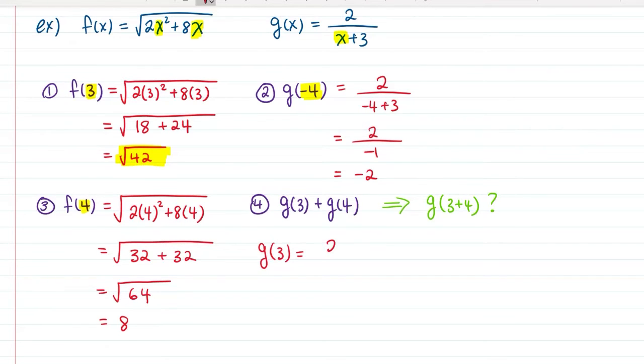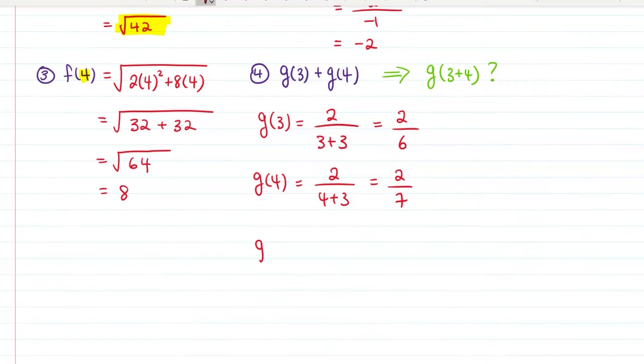That's 2 over 3 plus 3, which is 2 over 6. g of 4 is 2 over 4 plus 3, that's 2 over 7. So g of 3 plus g of 4 is 2 over 6, or let's reduce that to 1 over 3.